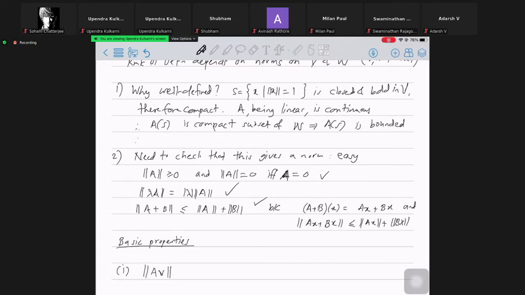How does this follow? Not from the triangle inequality on V, right, exactly. This is true not in V because I have applied A. Yes, it's a norm on W. So this is true in W. That's where this is true.